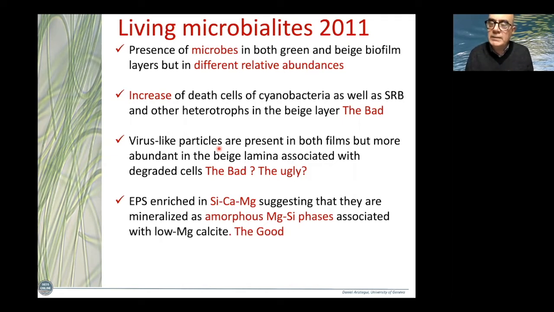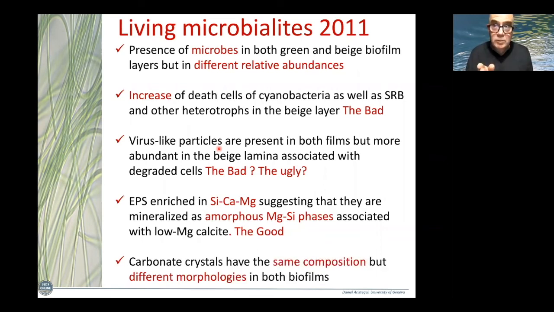And in the same case as in the ooids also, there were some pieces of diatoms stuck to the experiment that we did in the lake. It's interesting because apparently they are mineralized at the beginning as amorphous magnesium silicate phases that then will become this low magnesium calcite. So they are the good ones, this part of the EPS.